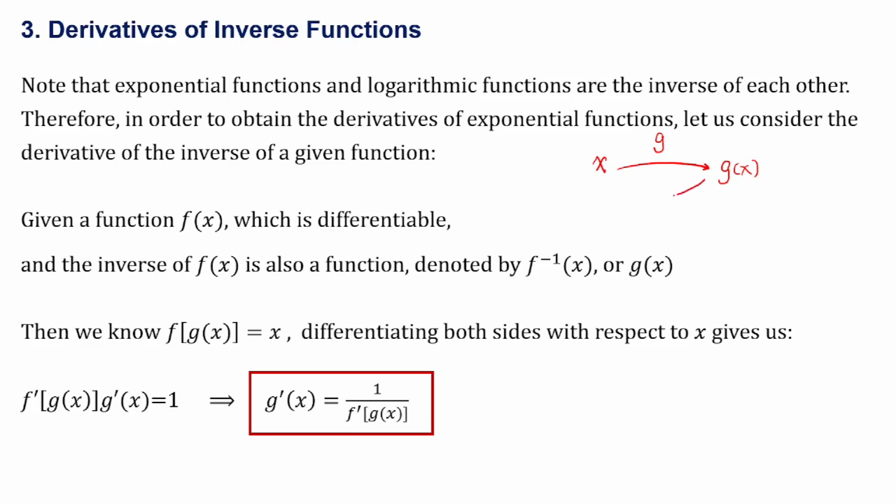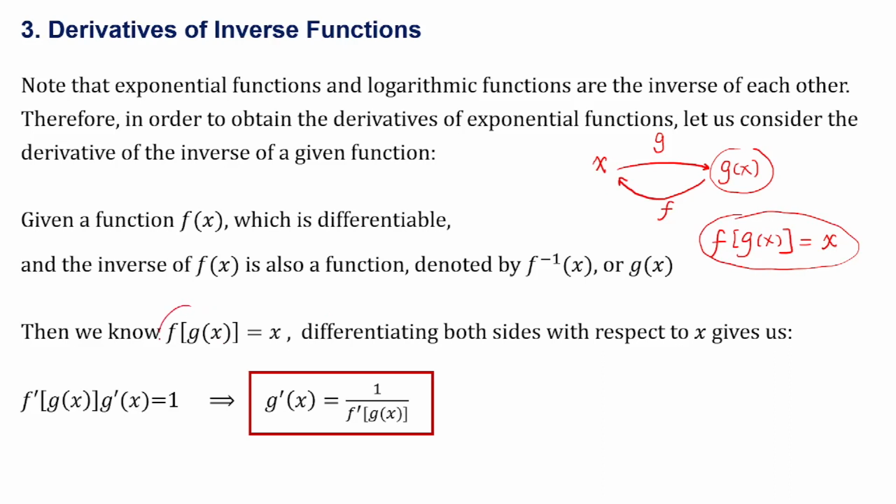So, and there's the effect of the function f. g(x) can be mapped to x back, right? So f(g(x)) is actually x. So that means f can map g(x) back to x, right? Therefore, we have this relationship.